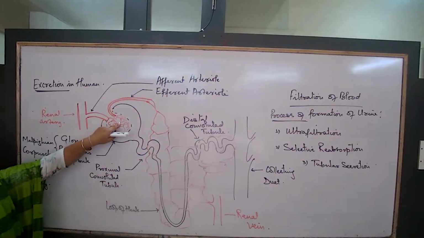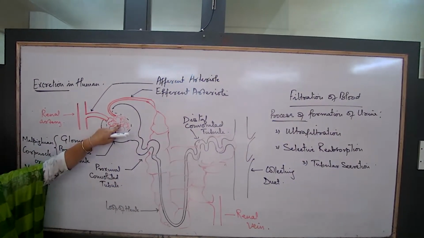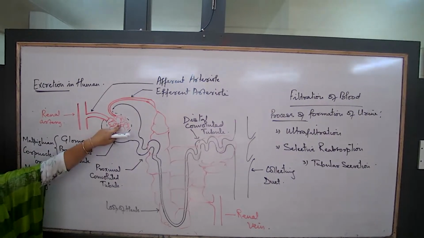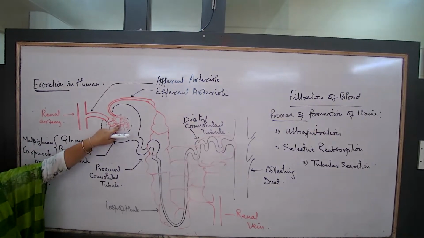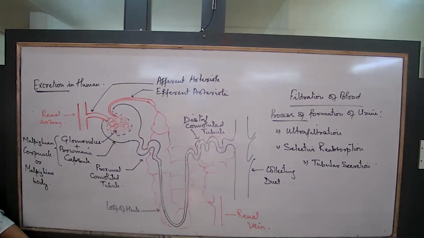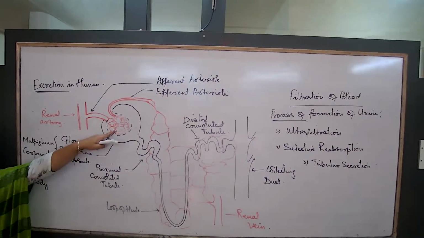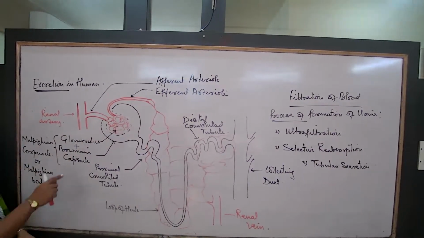So now the first step, what is the first step of filtration of the blood? Ultrafiltration. What is the meaning of ultrafiltration? Filtration of the blood at a very high pressure. Where is this process happening? Here. Let us try understanding ultrafiltration.